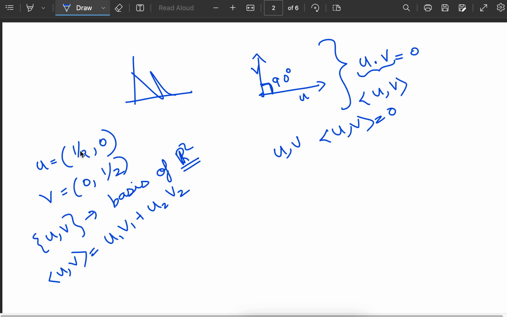So u1 v1 is 1/2 times 0 plus 0 times 1/2, which is equal to 0. So the inner product of u and v is 0, which means u and v are orthogonal to each other. So this is a basis as well as orthogonal vectors. So this basis is an orthogonal basis of R².